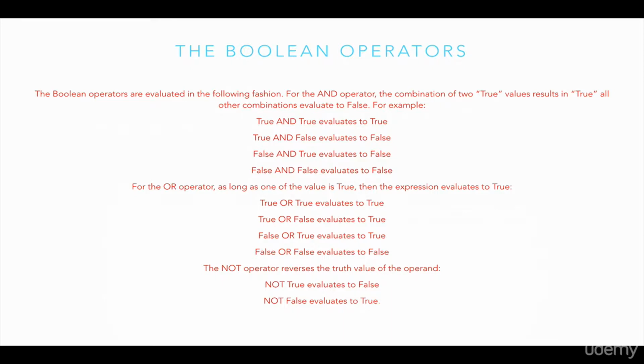False or true evaluates to true. As you can see, in the third example, the second part of the statement is true, so the entire expression evaluates to true, okay? But for the fourth example, false or false evaluates to false. So the first part is false and the second part is false too, so the entire statement evaluates to false, okay?